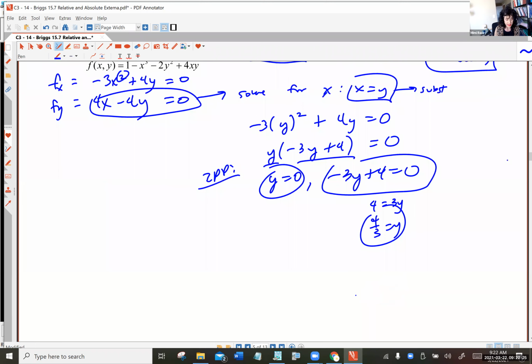Now, folks, these are the y coordinates, or if you solved it for x, the x coordinates of your critical points. So this is what I have so far. I have two completely separate critical points. One of them has a y coordinate of 0, and the other one has a y coordinate of 4/3. So I have to go get the x coordinates.